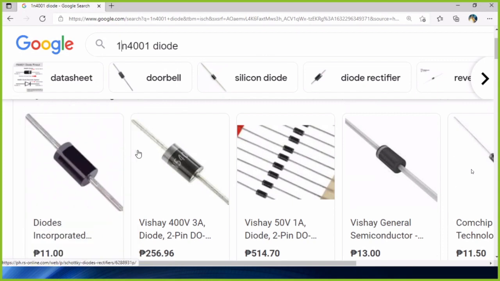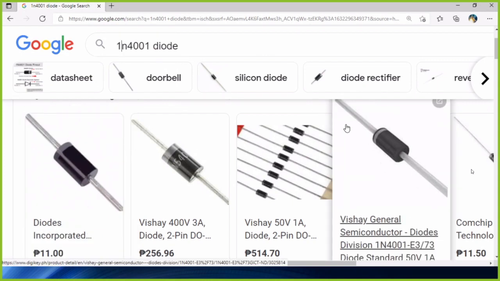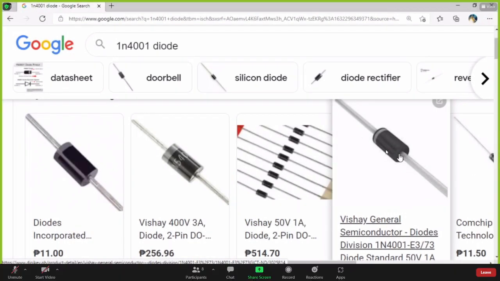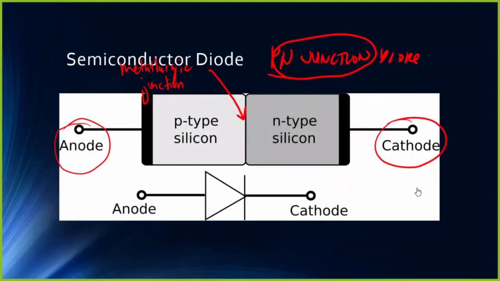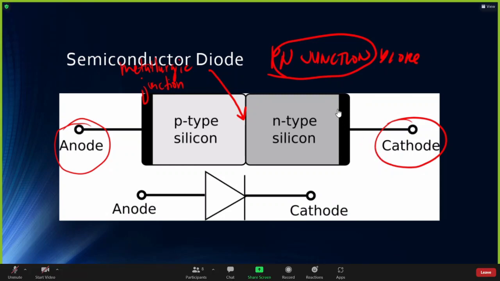So ganito yung parts ng diode natin. Yung may guhit na yon, nakikita yung silver na guhit, no? Yun yung N-type material. Yun yung cathode. Yung walang guhit, of course, yung black lang na part na yan, yan yung anode. Okay? Yung bakal na nasa gilid, yung contacts na yan, those are called terminals or leads. Okay? Ito yung anode, ito yung cathode natin, yan yung may stripe na silver, di ba?